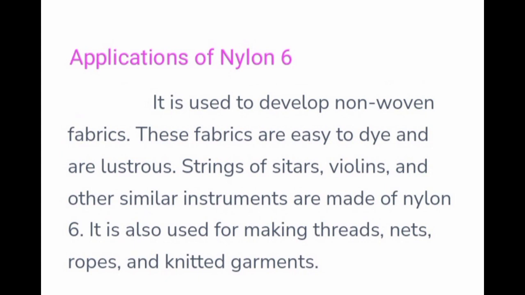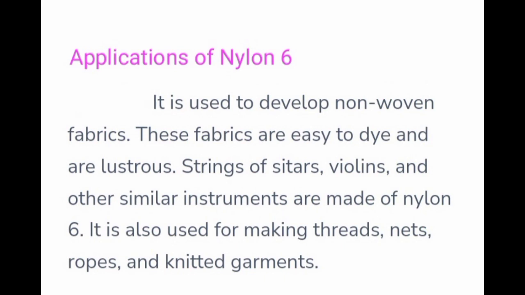polymer is converted into nylon 6 fiber, which can be woven also into fabrics. Therefore, it is used in making fabrics, and these fabrics are very easy to dye and are lustrous.